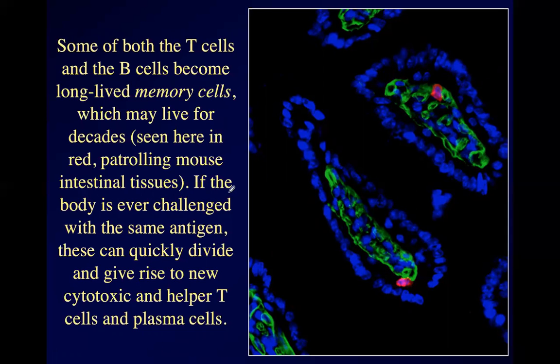And if the body is ever challenged with an antigen that it has already been exposed to, the memory cells can very quickly respond. They can quickly divide, and they can produce new cytotoxic Ts, helper Ts, and or plasma cells. So as long as you've got a few memory cells, you can very quickly mount an immune response against any pathogen that you've already been exposed to.